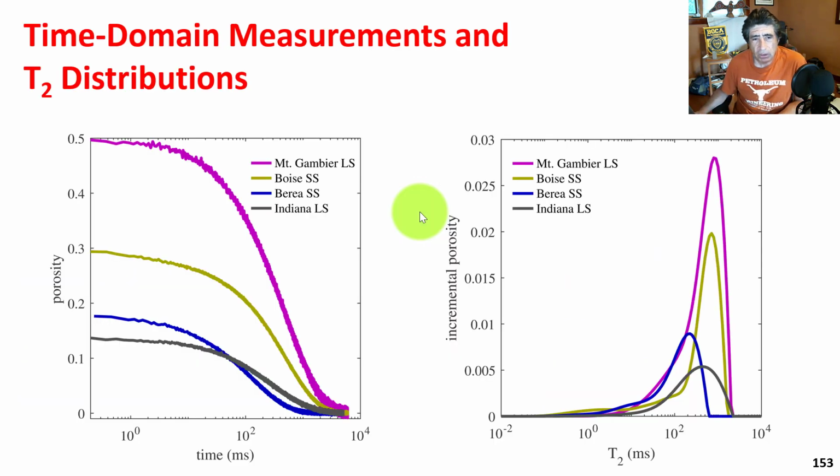So here's an example of measurements acquired in that laboratory. On the left we have the time of proton relaxation, and I like to use logarithmic time because that better reflects the decay. And on the second axis, we have the distribution of relaxation times.